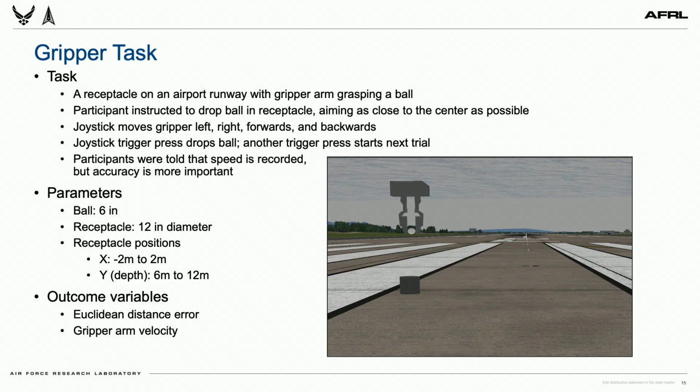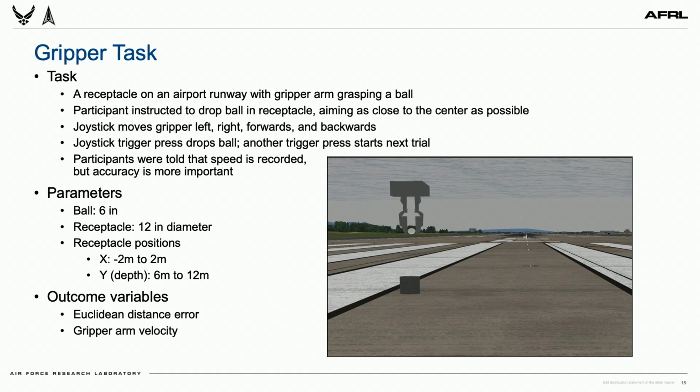And then it was always placed on the ground plane. So the participant had to then use joysticks to move this claw or gripper, and when they perceived the ball to be directly over the receptacle, they went ahead and pressed the trigger, and then they got to see the ball drop to see how close they got it. It would drop in the can, bounce off the can, behind or in front.